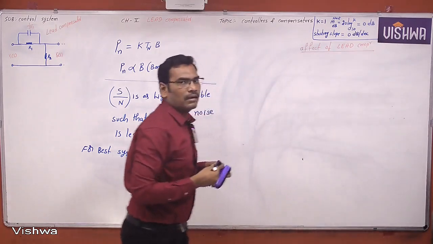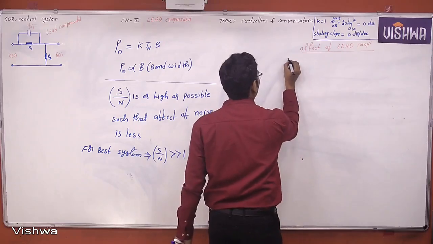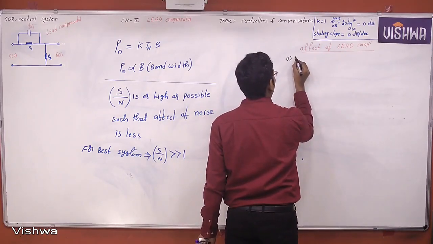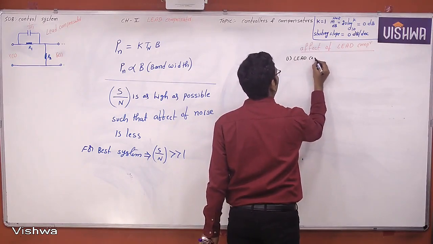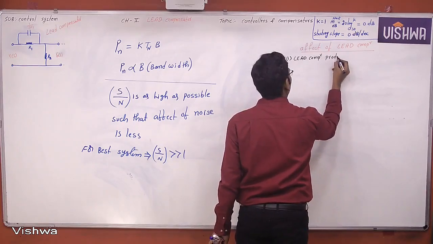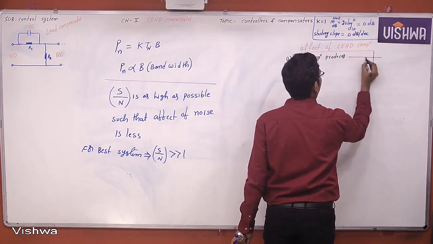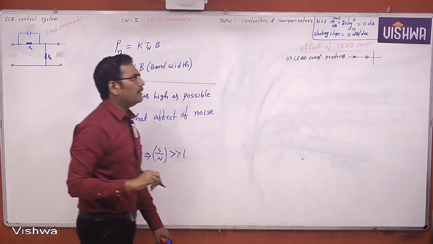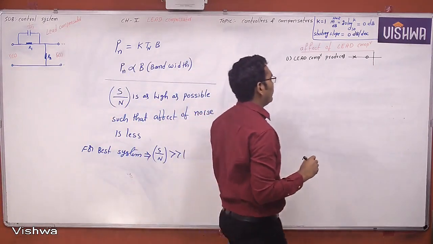Okay, now see here, first of all, this is a compensator. The lead compensator produces a finite zero and a finite pole in the left hand side of S-plane.